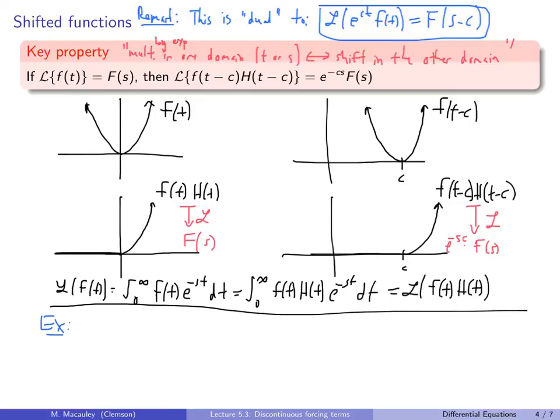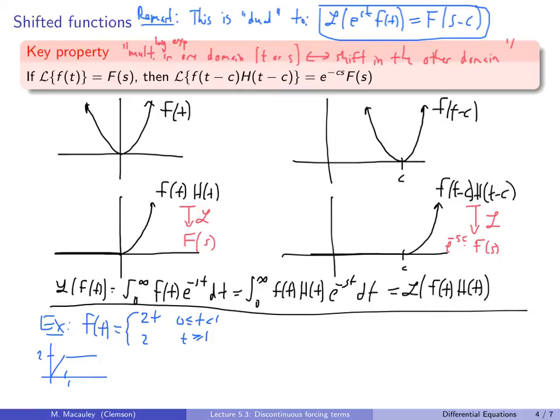Let's say f of t is our function, 2t from 0 to 1, and it's 2 for t greater than or equal to 1. So it's this function. Remember that one? Where this is 1 and that's 2.